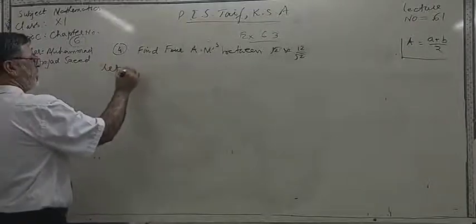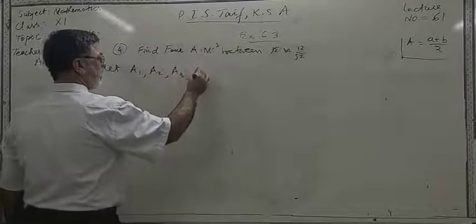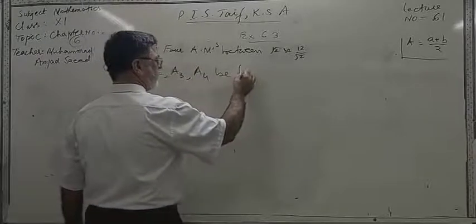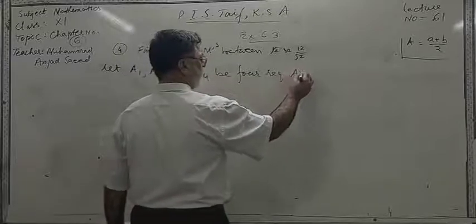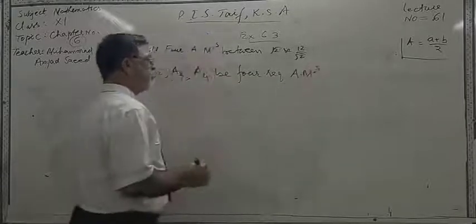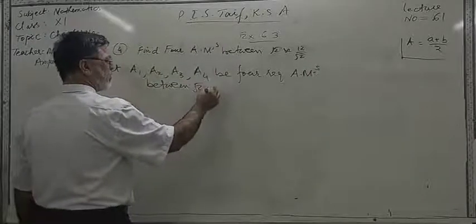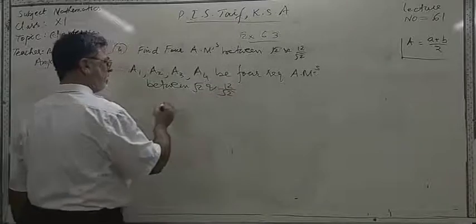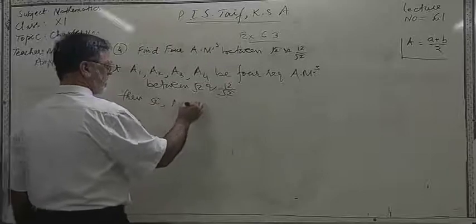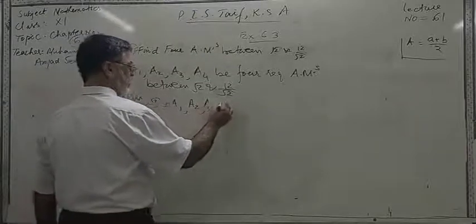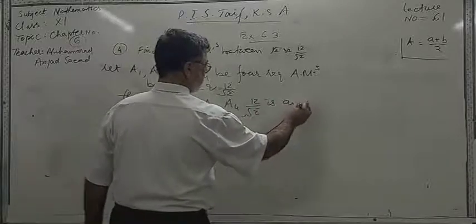Same method. Let A1, A2, A3, A4 be the 4 required arithmetic means between root 2 and 12 over root 2. Then root 2, A1, A2, A3, A4, 12 over root 2 is an AP.